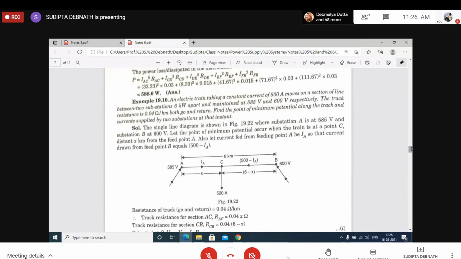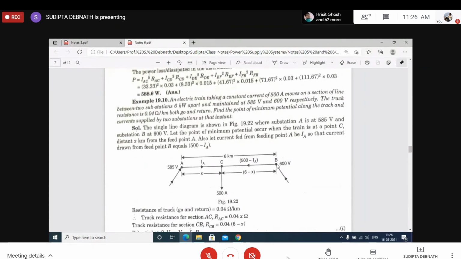An electric train is taking a constant current of 5000 ampere, moves on a section of line between two substations, 6 kilometer apart, it will be kilometer, not kilowatt, and maintained 585 and 600. So at this feeding point A, it will be 585.